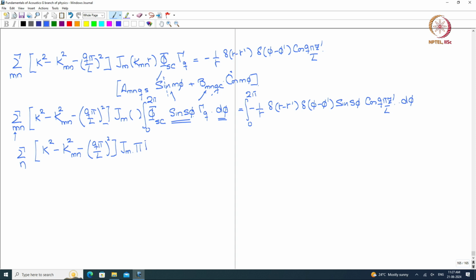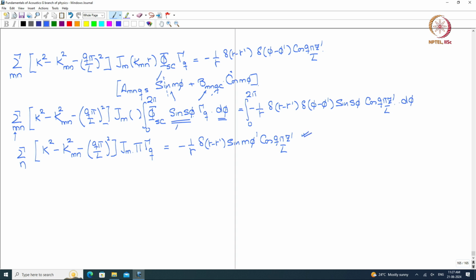Then I have a gamma q that is equal to minus 1 over r delta r minus r dash sin s, so s and m have to be equal, so sin m phi dash cos q pi z dash by L. That's it. Okay, that's one part.